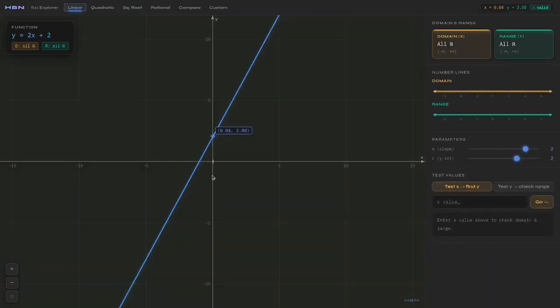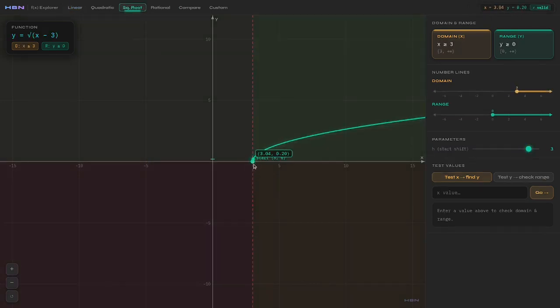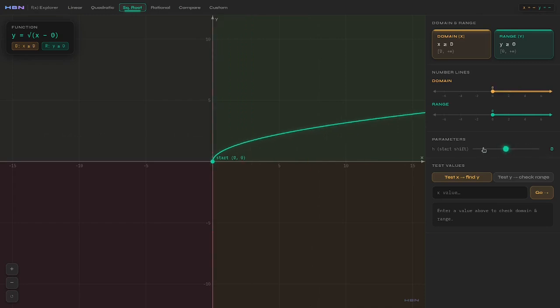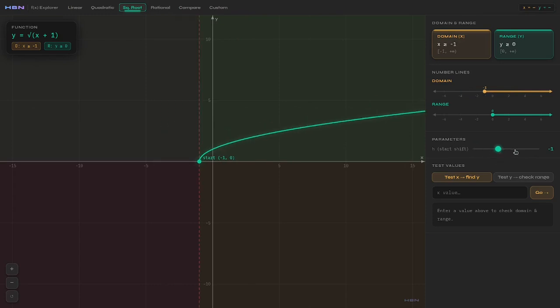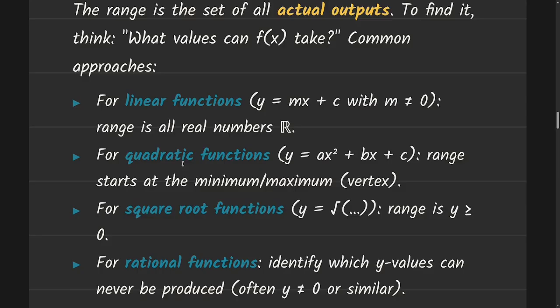Unlike the linear, where you see it goes down even to the negative domain of our y values. For square root, it only starts at the positive domain, irrespective of how your function looks. You see, as I change it, it still remains the same, always starting at y equals 0.